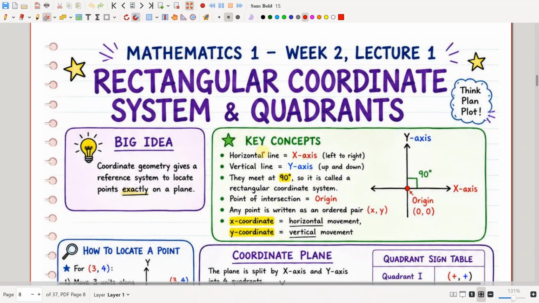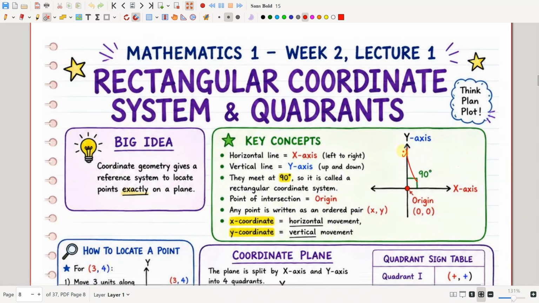Okay, so the key terminologies for you to remember are: horizontal line means the x-axis, left to right. Remember it like this: horizontal is a straight line like this, right? So this straight line is the x-axis. And a vertical line is a line moving from up to down, right?